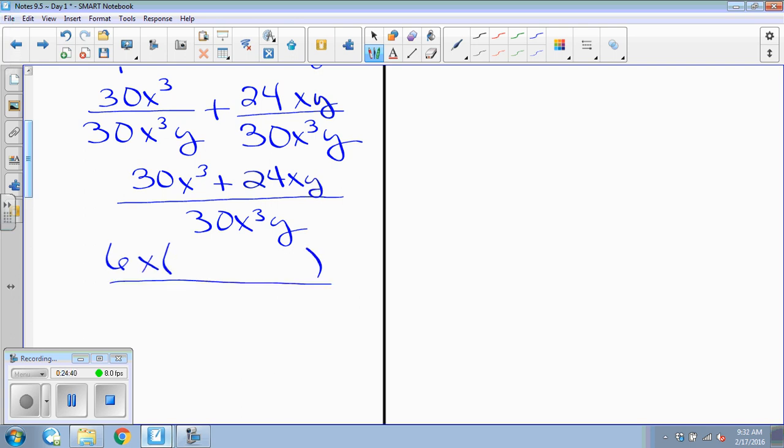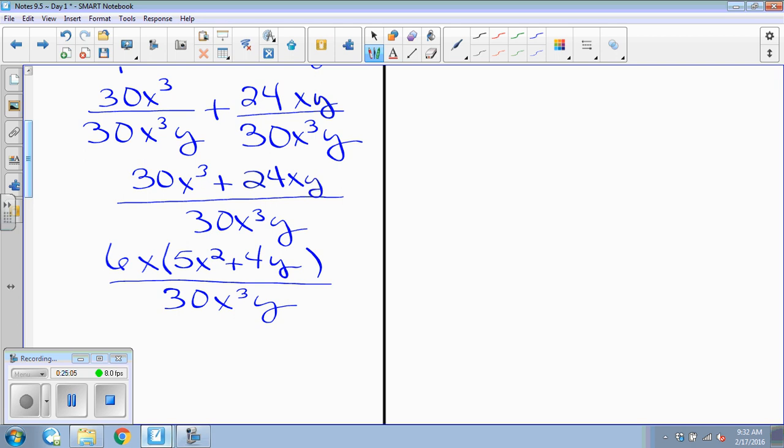So, once I take a 6x out, I end up with 5x squared plus 4y over 30x to the third y. And I factored this top because now I can simplify this, because these are standalone factors. 6 times x times that, right?